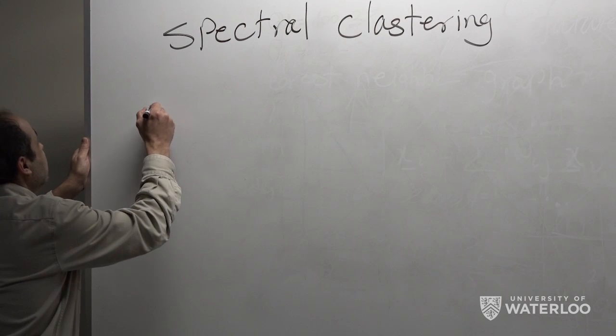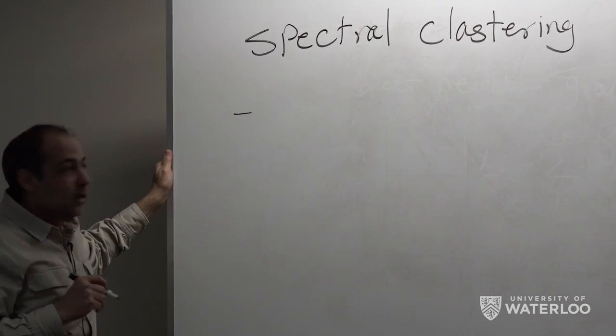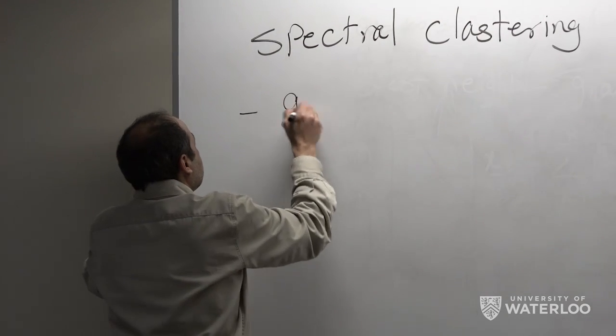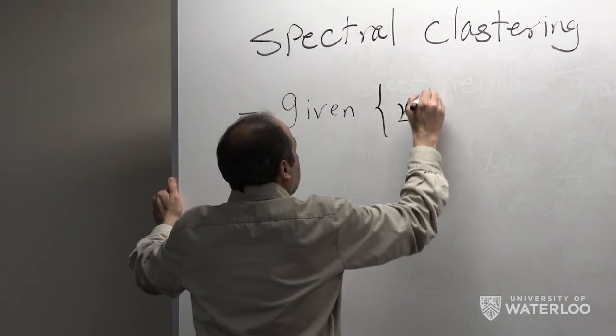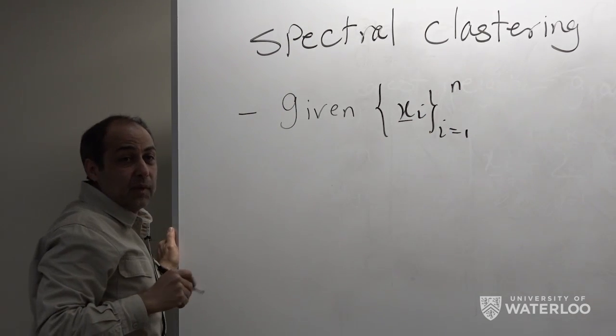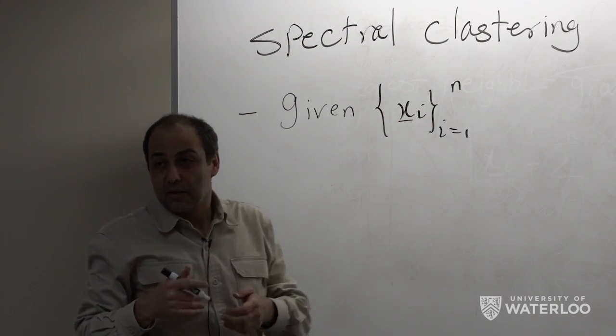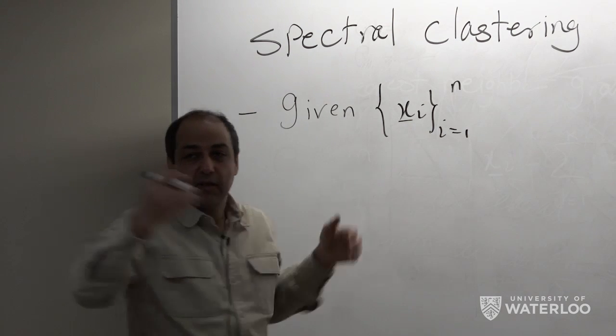Okay, this is the setting of the problem. Suppose that I have n data points and a notion of similarity, based on distance or whatever. I measure the similarity of points.